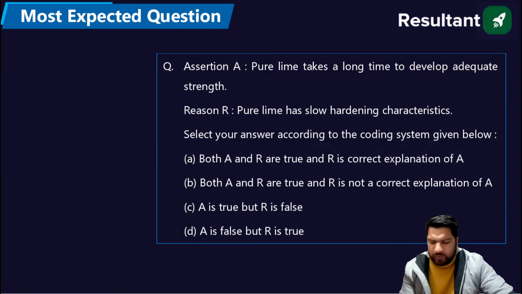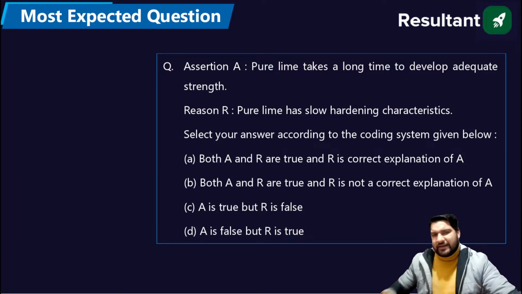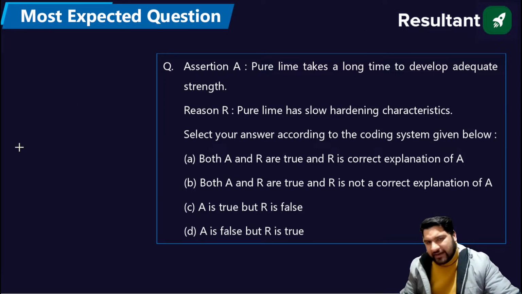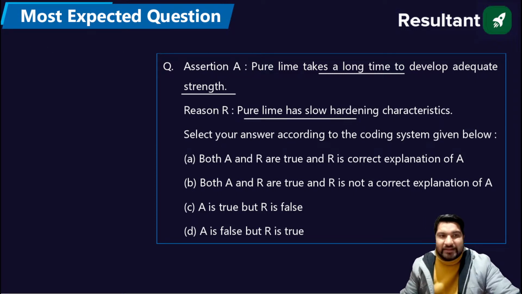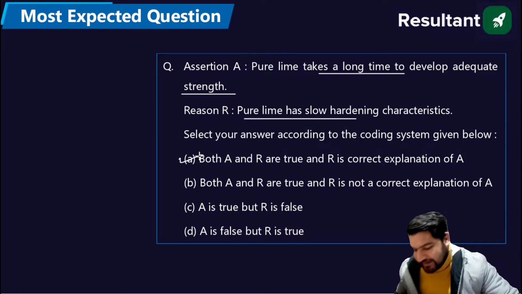I told you that pure lime sets slowly. It takes a long time for the development of adequate strength. Also, the reason is that pure lime has slow setting characteristics. That means I can go with answer A: both are true and the reason is the correct explanation also.